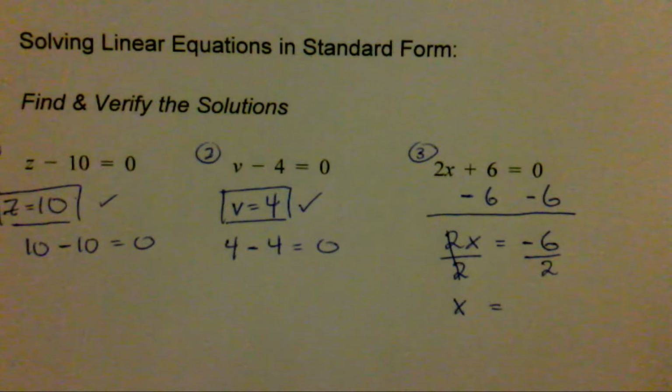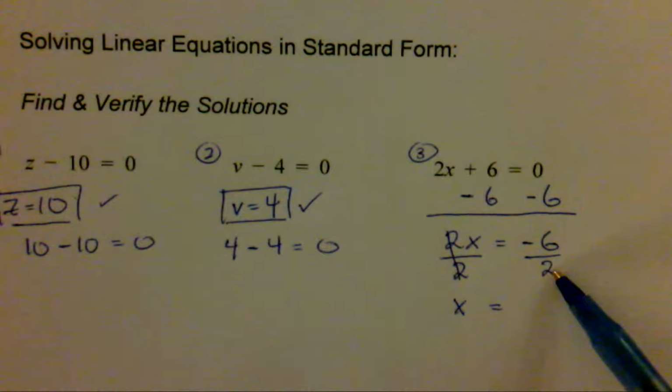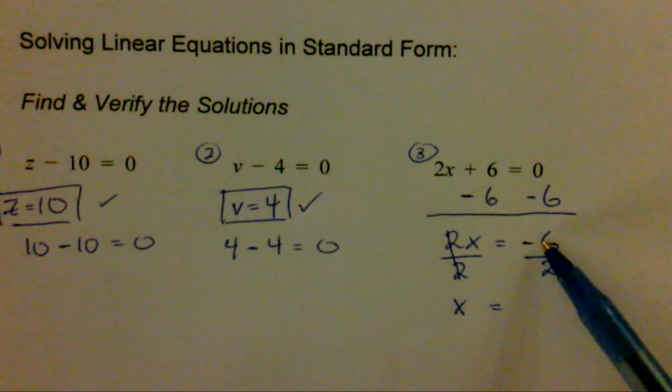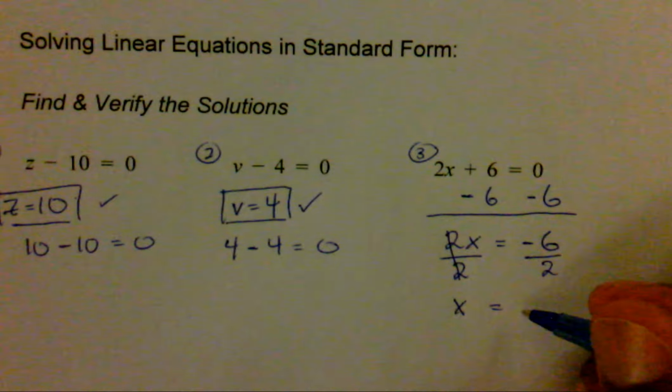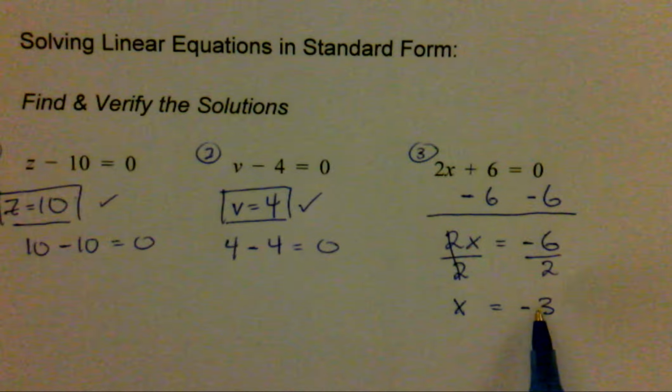And when I look at the right side, I have a negative 6 divided by 2. Okay, and a negative divided by a positive is a negative, and then negative 6 divided by 2 is negative 3. So based on how I solve this using valid steps, I got x equals negative 3.